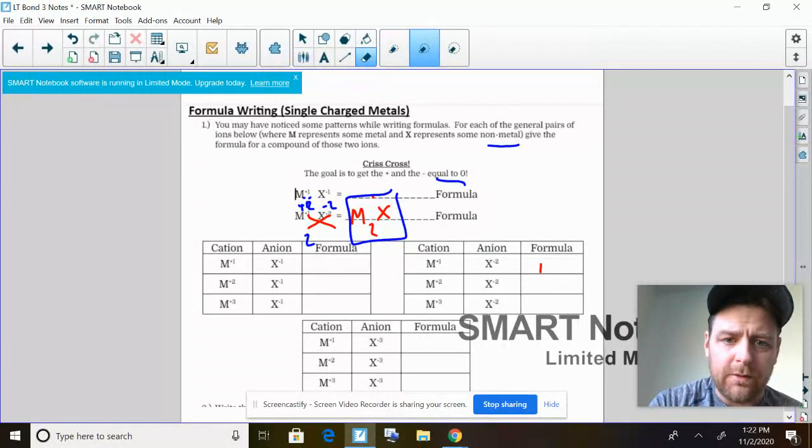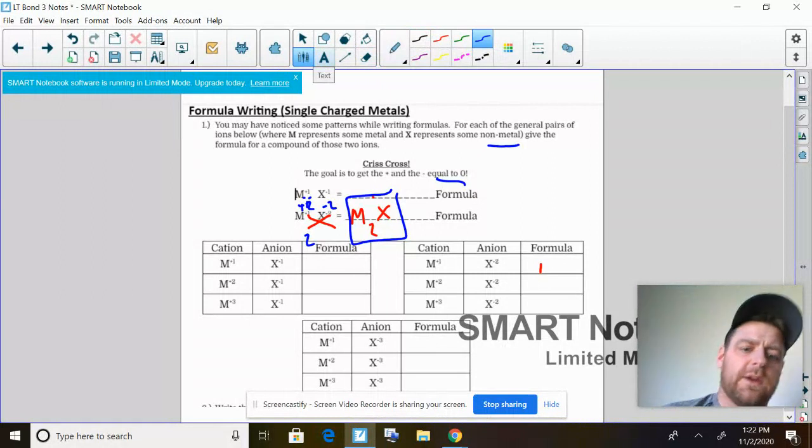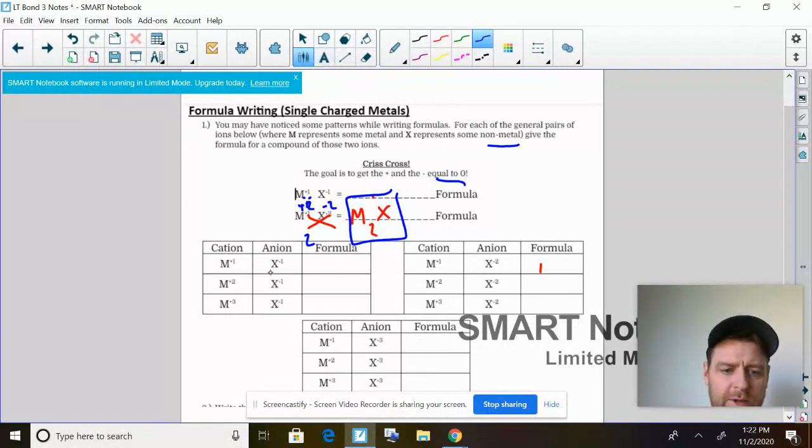Alrighty, let's keep going. I'll just do a bunch with you, and we'll work on crisscrossing. M is plus 1, X is minus 1. That's equal, so I can just write it out, MX. The next one, these are not equal, so I'm going to crisscross them. MX2. What does that do for me? If I put the 2 there, 2 times 1 is minus 2.